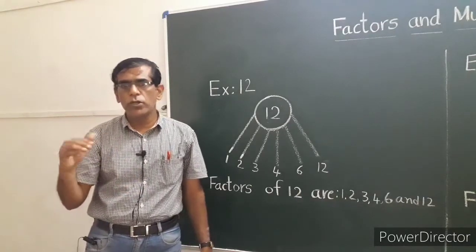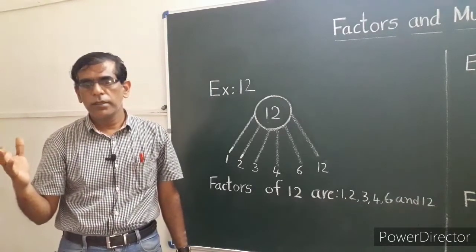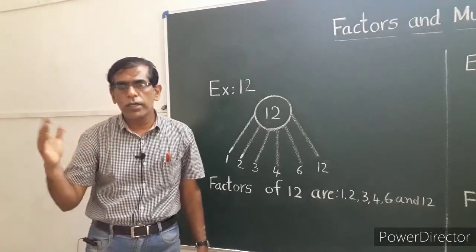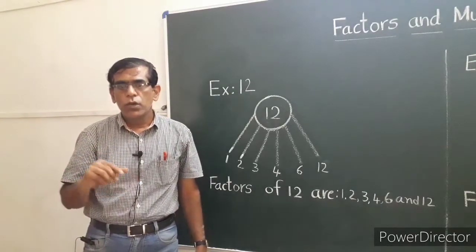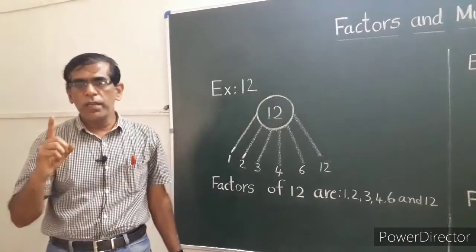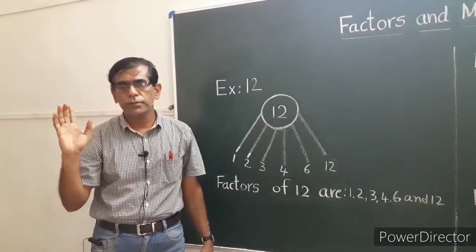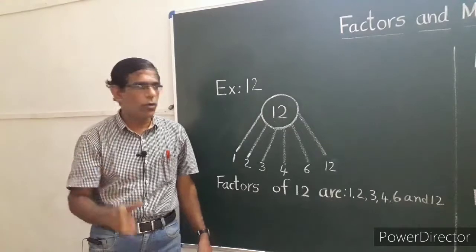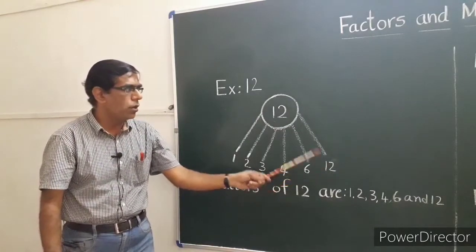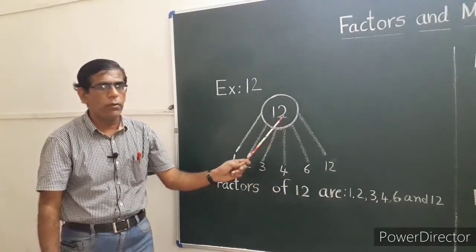If I distribute 12 chocolates, no chocolate is left, only one child will get all these 12 chocolates. Therefore, 12 is also a factor of 12.